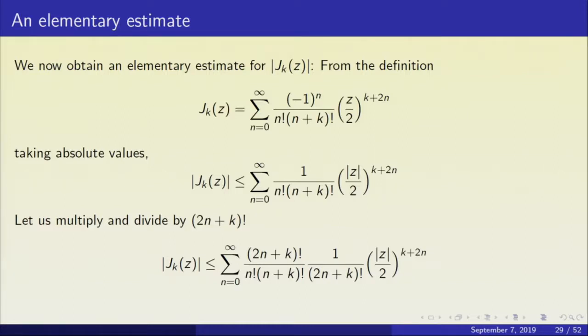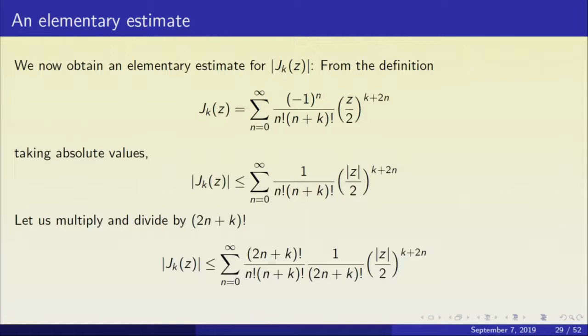Now let us multiply and divide by (2n plus k) factorial. What do you get? Mod J_k(z) is less than or equal to the summation n from 0 to infinity of (2n plus k) factorial upon n factorial into (n plus k) factorial, into 1 upon (2n plus k) factorial, into (mod z by 2) the whole thing to the power k plus 2n.